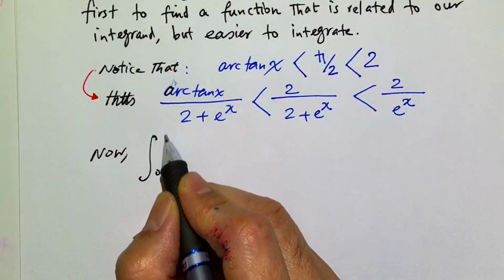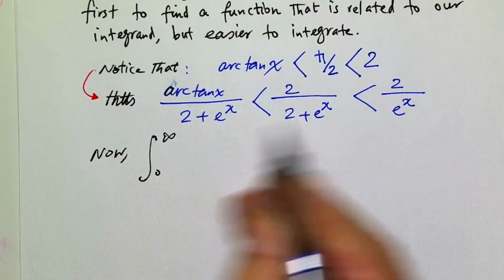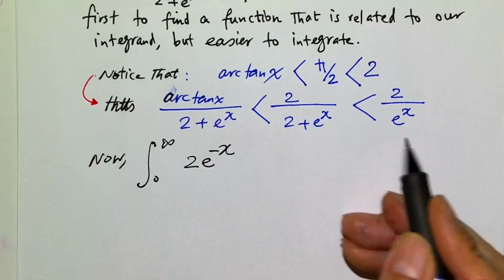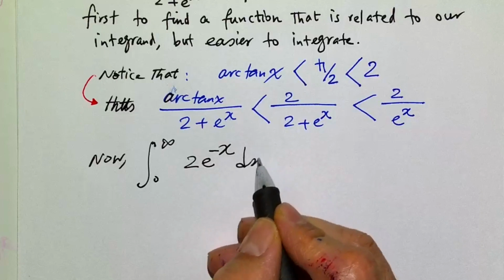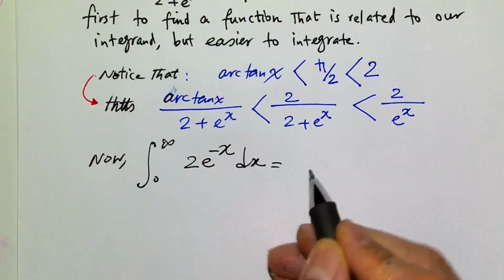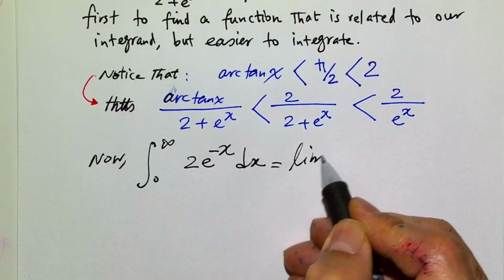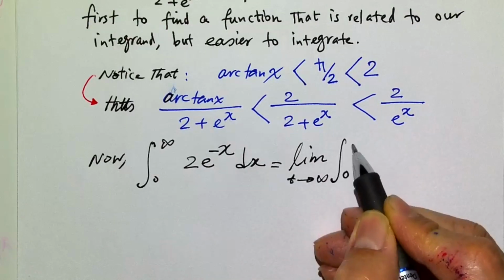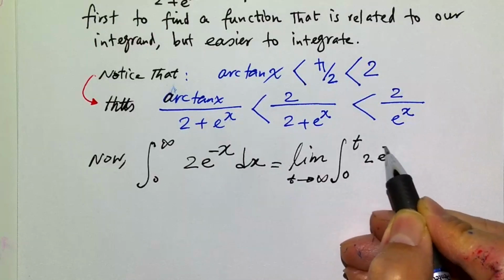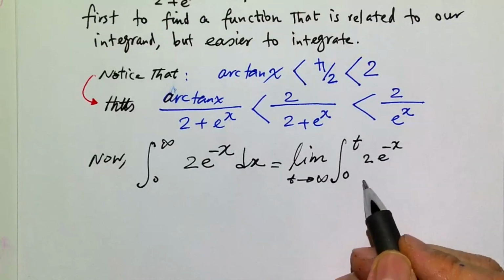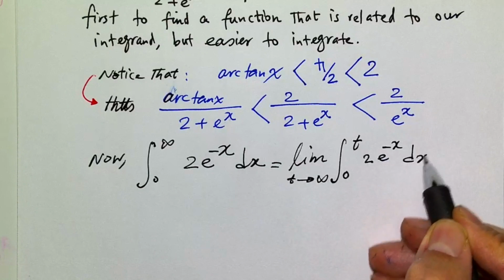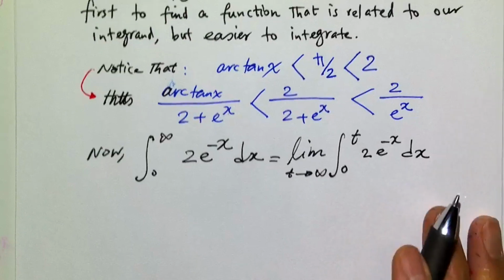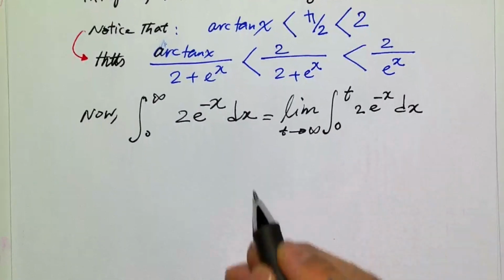the integral from 0 to infinity of 2, I'm just going to write this as 2 times e to the minus x dx is equal to, now this is an improper integral, so take the limit as t goes to infinity of the integral from 0 to t of 2 times e to the minus x dx, and this is really an easy function to integrate.